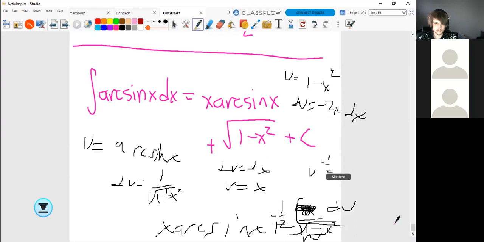So it'd be 2 u to the 1 over 2. And then that cancels, that cancels. So it'd be minus root u plus c. And then u is that. That looks right.